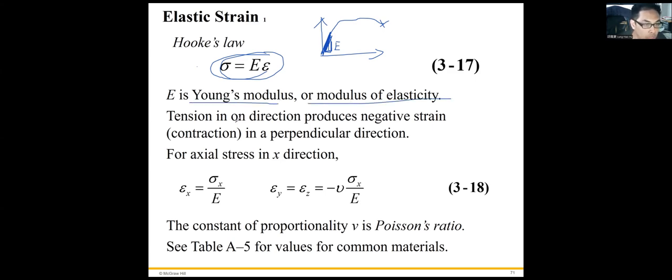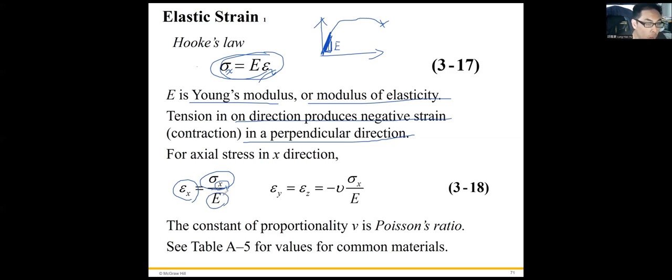Tension in one direction produces negative strain in the perpendicular direction. That means when we apply a tension, one direction will be elongated and the others will shrink. So if we have tension in the x direction, we can figure out the strain in the x direction equals sigma x divided by the Young's modulus.